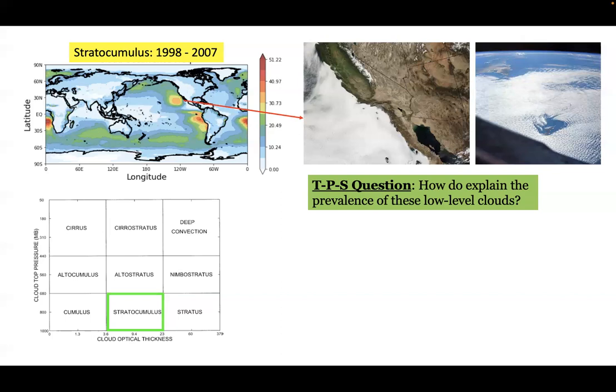And cold water actually contributes to some of the formation of the clouds because it chills the air to condense. It's kind of in the Goldilocks zone. It's not too cold. It's not as cold as the Arctic. The Arctic is too cold. Sometimes there's no vapor in the atmosphere to condense to begin with. Here there is enough vapor, but it's relatively chilled because of the cold current.